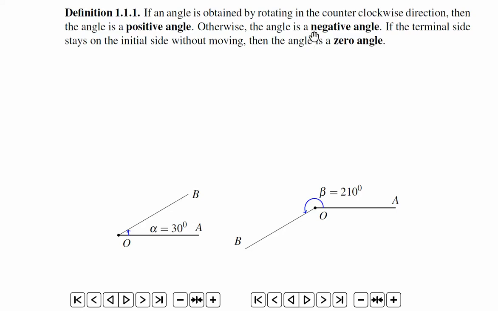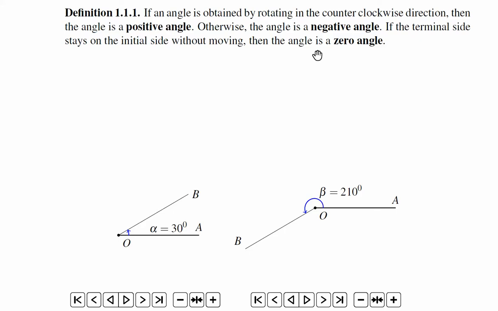Previously, we said if an angle is formed by rotating the terminal side in the counterclockwise direction, then the angle will be positive. Like in this case, angle AOB or angle alpha is 30 degrees, which is a positive angle.